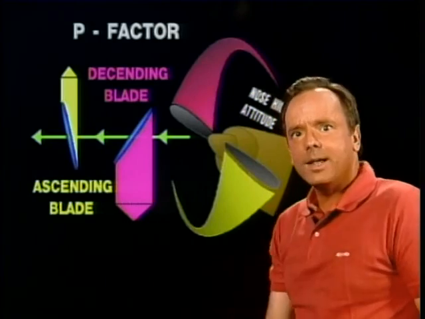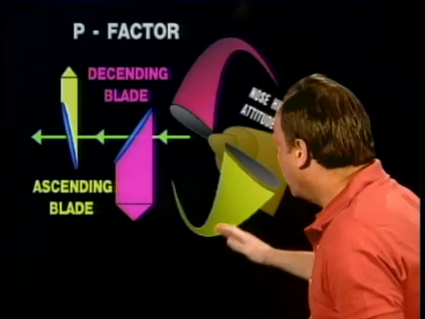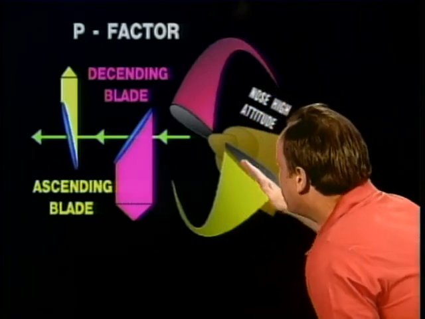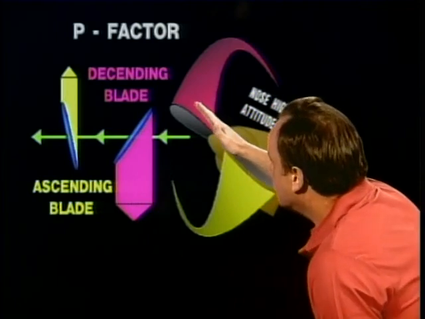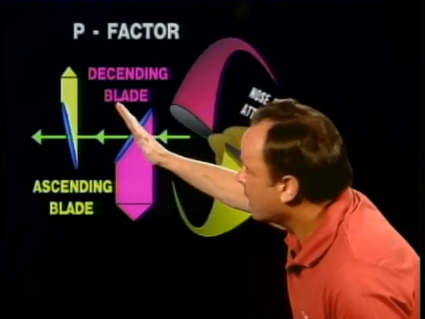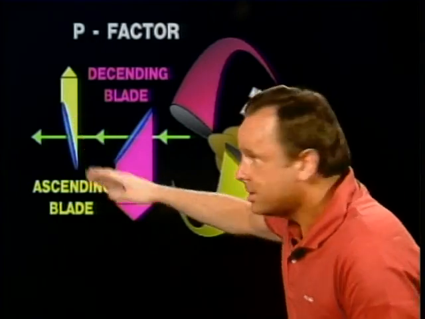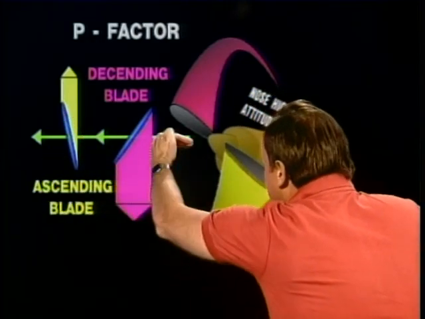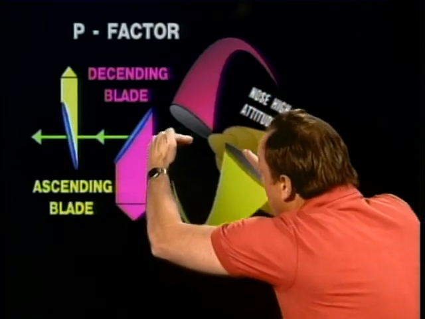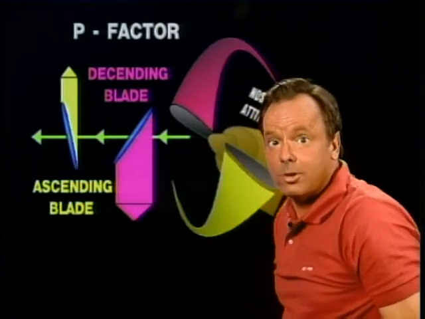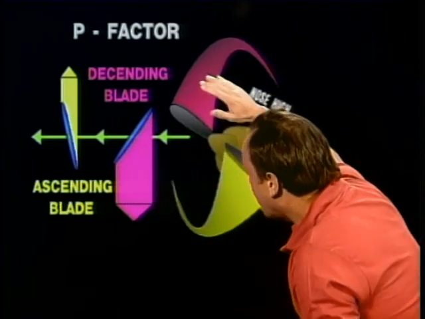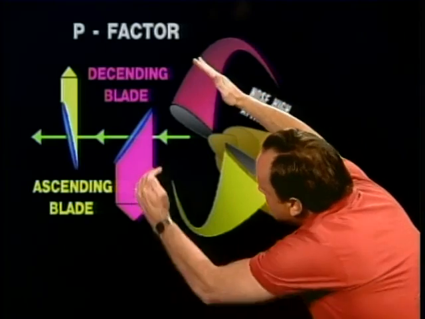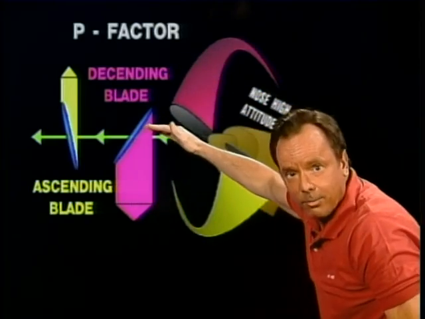And when an airplane is in slow flight, like after takeoff or when you're climbing out, the nose of the airplane is pointed way up in the air like so, but the airplane is going forward on an angle about like this. That means the relative wind is coming from the opposite direction. And that means the propeller is not pointed directly into the relative wind. And the right prop blade, which goes down, winds up taking a great big bite out of that relative wind.